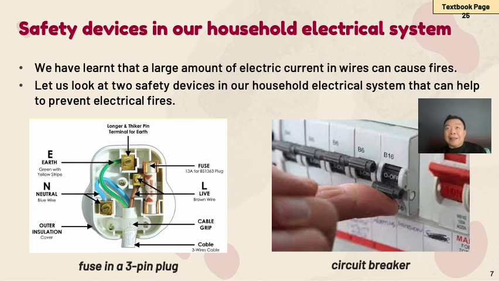So what happens when there's a blackout? This is what I usually would do. I will go to the fuse box, which is the circuit breaker, and I will slowly switch on the switches one by one. Every breaker, every switch there, represents a certain portion of the house. And when I switch on the switch, if we manage to switch it on, it means that that portion of the appliances in the house is okay.